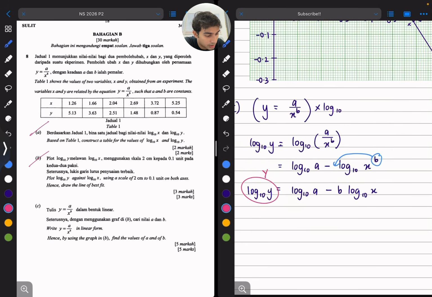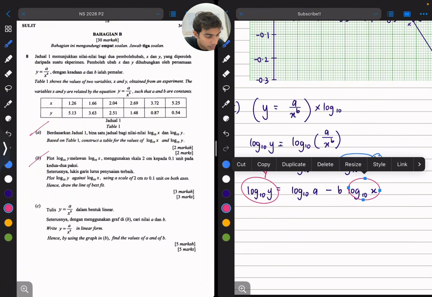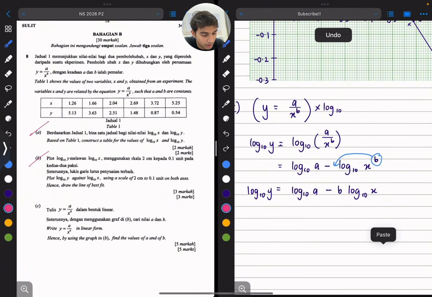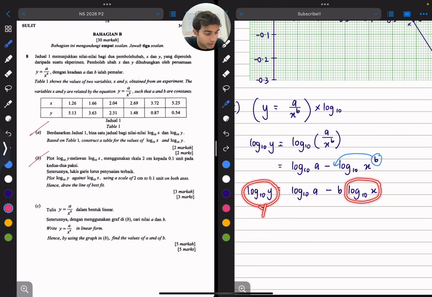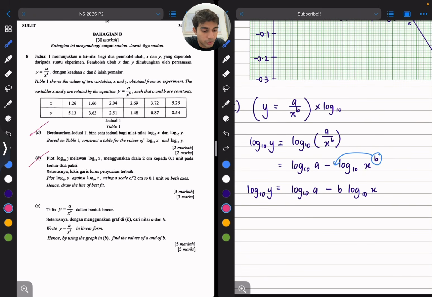This is our y-axis, this is our x-axis. So if this is x, that means this will be mx plus c. Let's rearrange this to get a nice looking equation: log 10 y = negative b log 10 x plus log 10 a. y = mx + c.